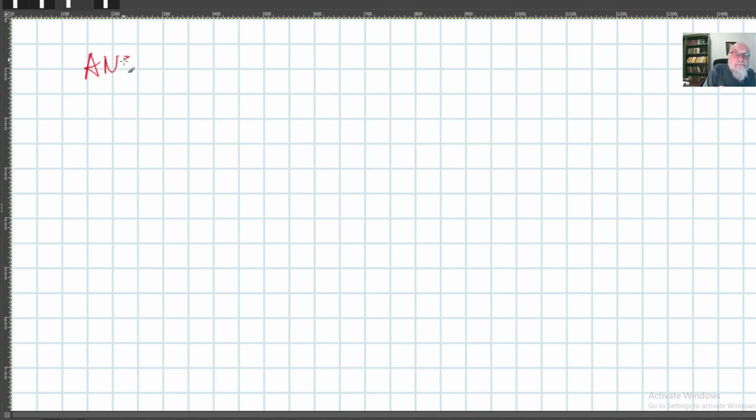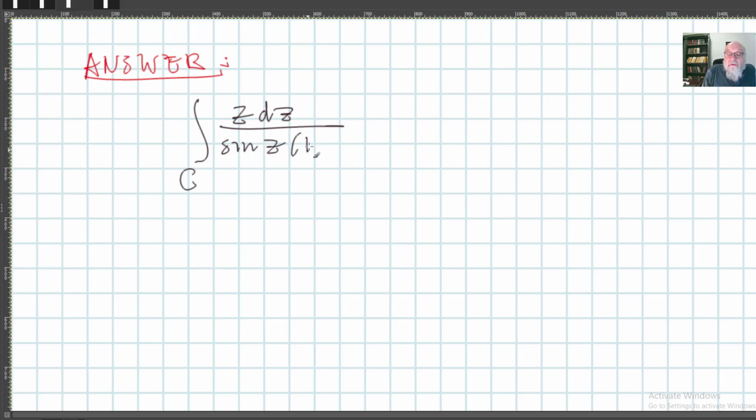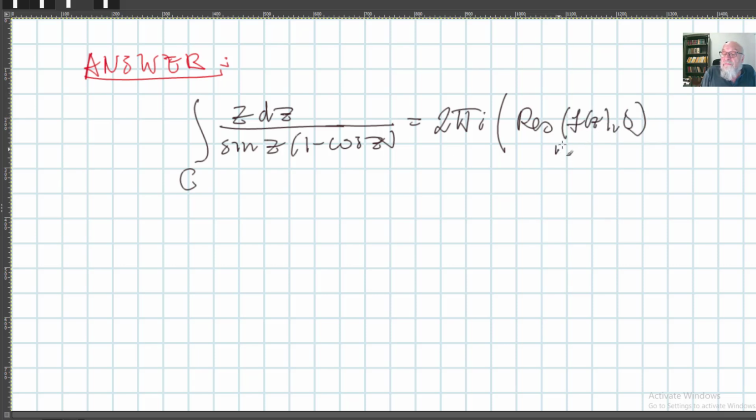Answer will be this one, so let's write it down. The integral over c of z dz divided by sine z times 1 minus cosine z is equal to 2 pi i, that's usual, times the residue of f of z at 0, which we computed.